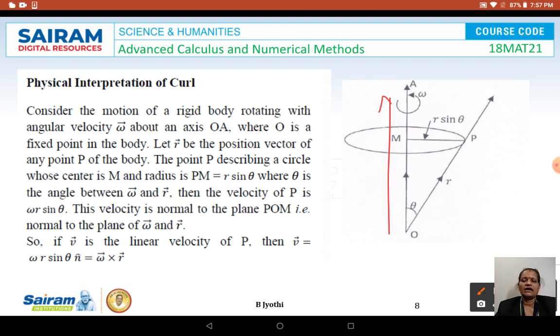Let R be the position vector of any point P of the body.